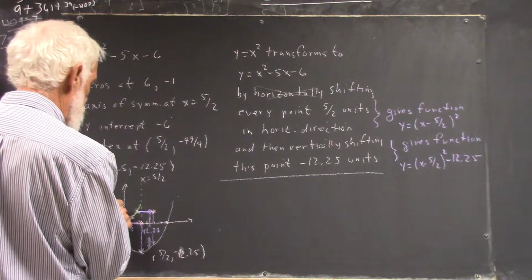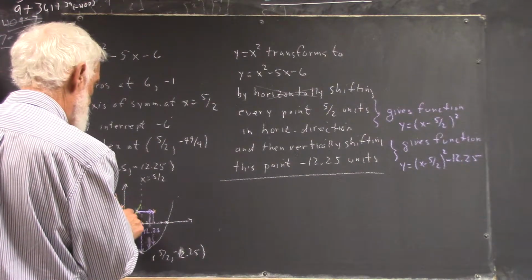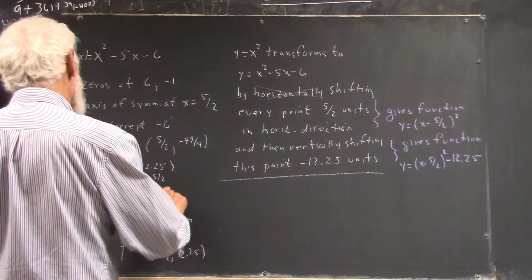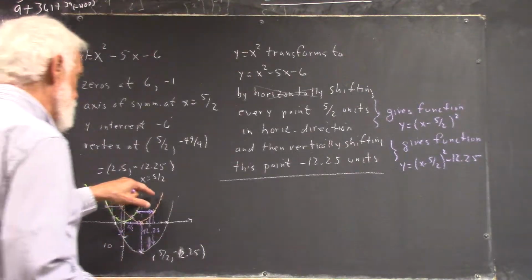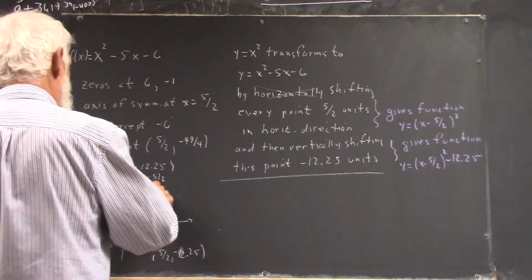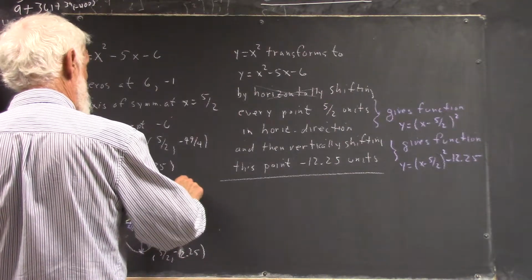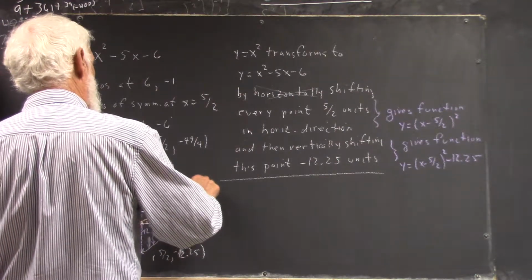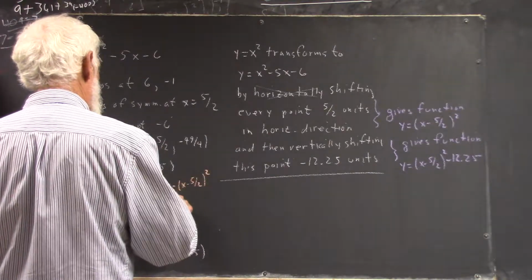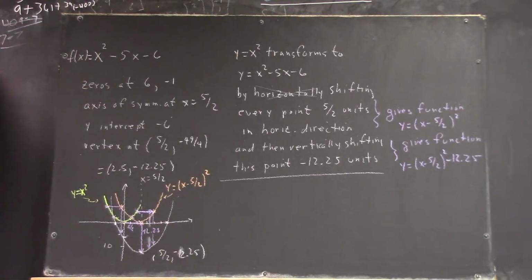So we're going to have a parabola through these points, and this function is y equals x minus 5/2 squared.